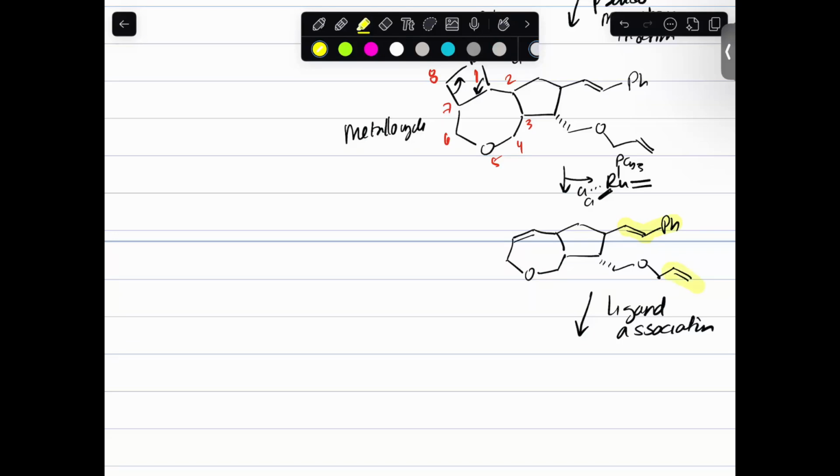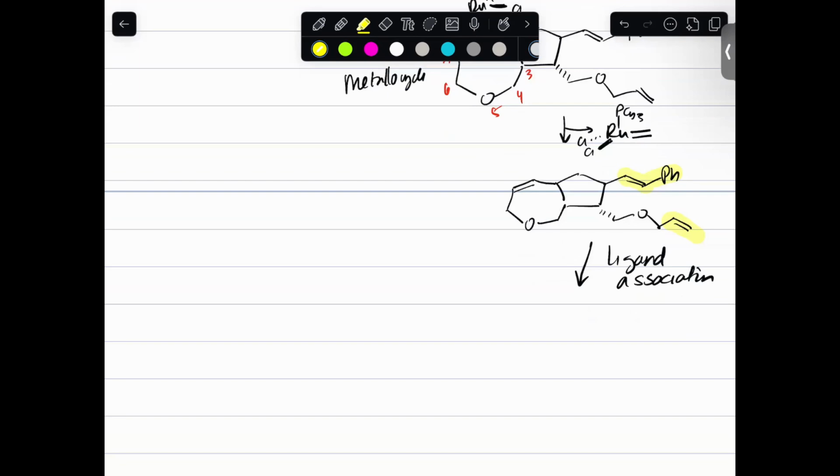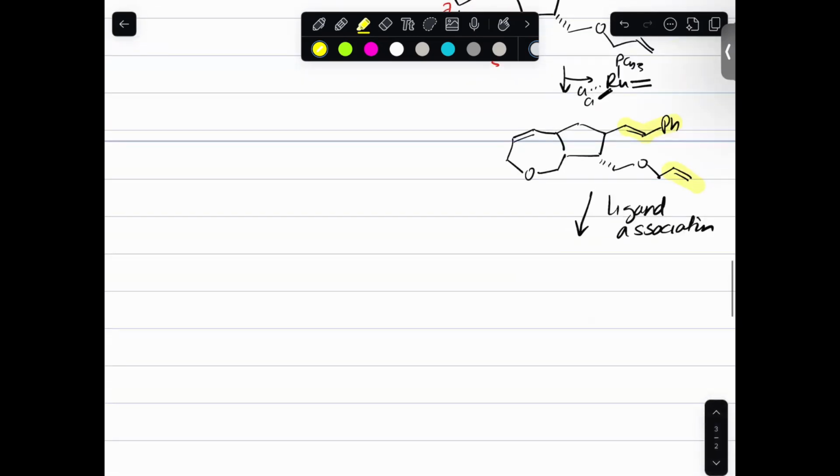In order to form that seven-membered ring, I just have to introduce the ruthenium to the innermost part of the structure so that it becomes part of the skeletal structure, right? In order to form that ring, that ruthenium has to be part of this huge skeletal structure. So with whichever alkene you decide to start with, the ruthenium has to be part of the innermost part of the chain. So, let me show you.